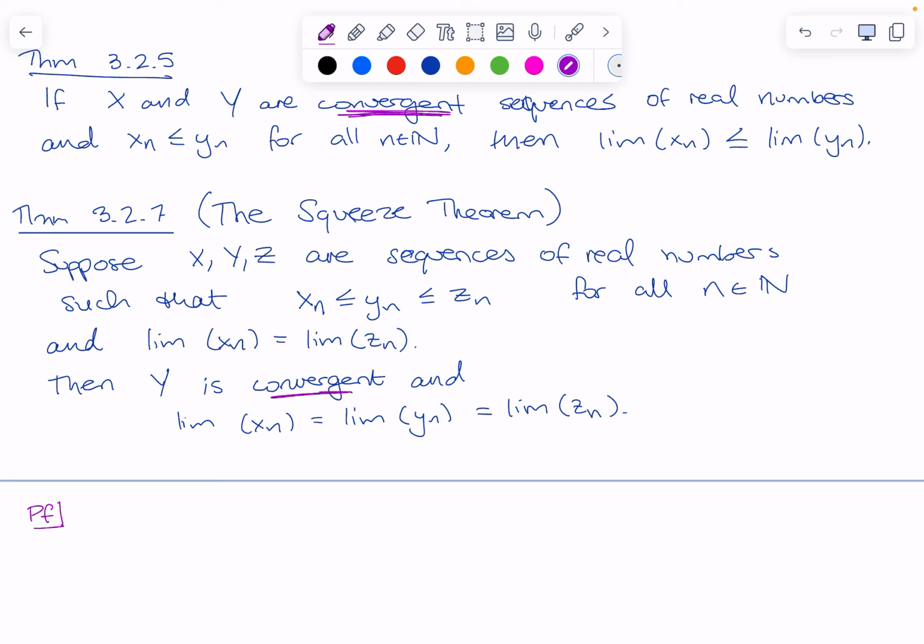Okay, so let's let L equal the limit of xn and zn. Okay. And let epsilon be greater than 0.